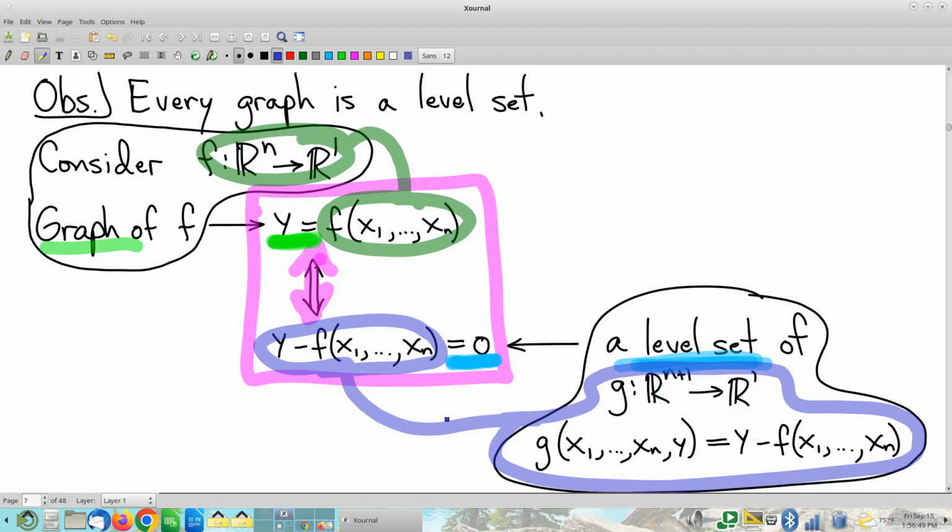Very importantly, not the same function. Clearly a different function. This is y minus f, not just f. So the calculus of level sets applied to the second function will give you information about the original graph. Okay, and a quick example.